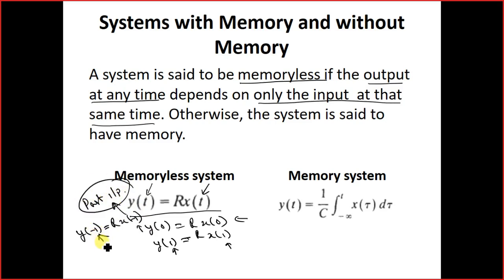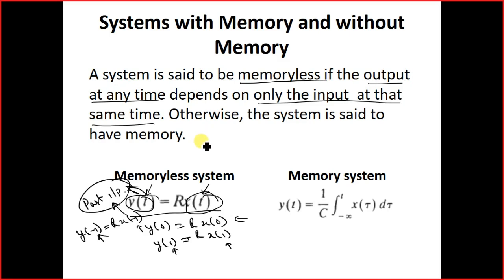So that means the output signal is not dependent on the past inputs or past outputs also. While doing any work, if you are not considering your past activities, then you are said to not be bringing any memory into your work.